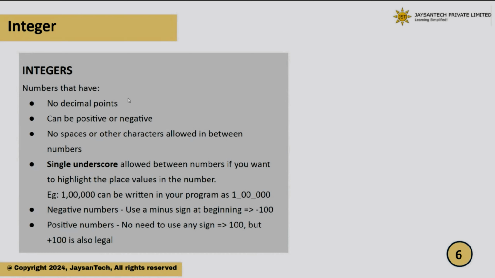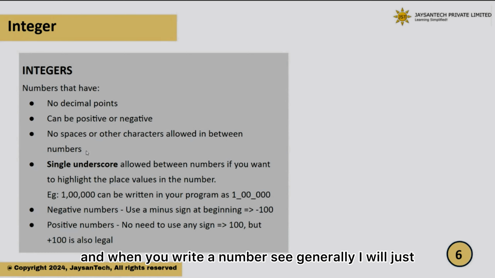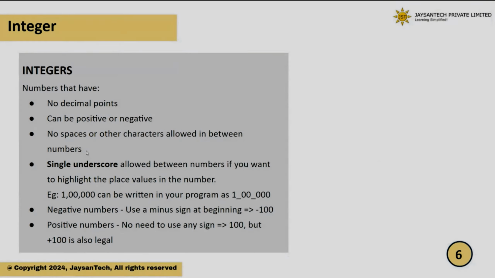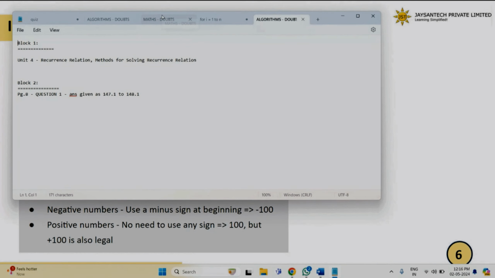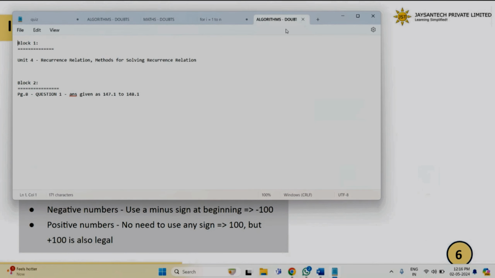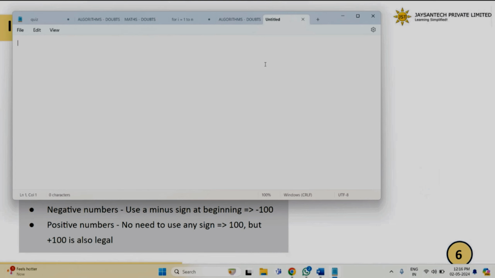When you write a number in a book, we can write 1, 2, 3, 4, 5 like this, or some people might write 12,035 and leave some space.